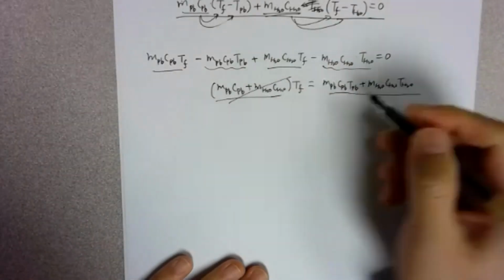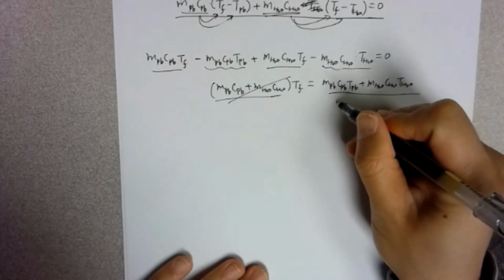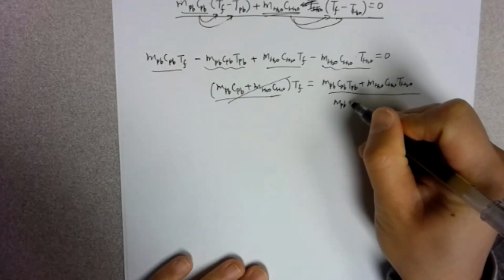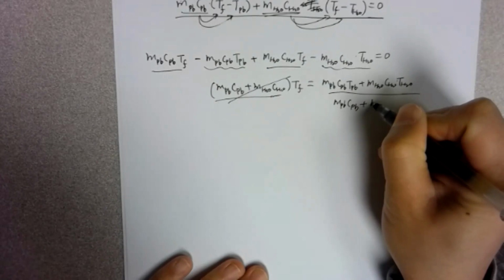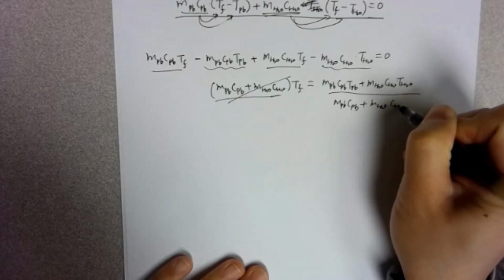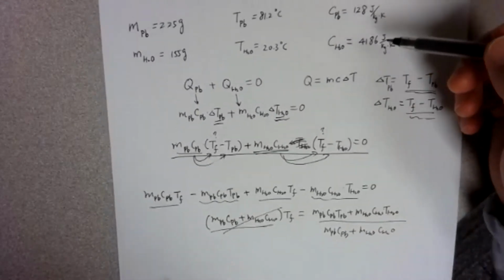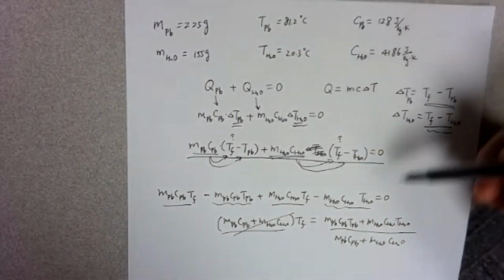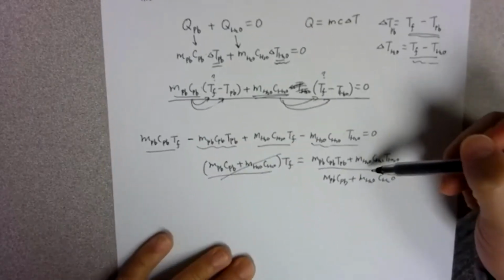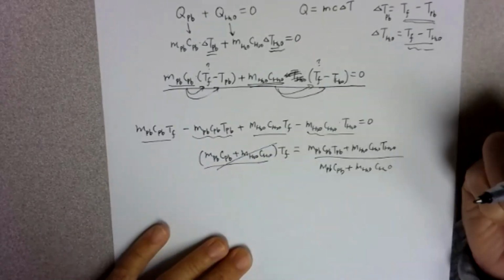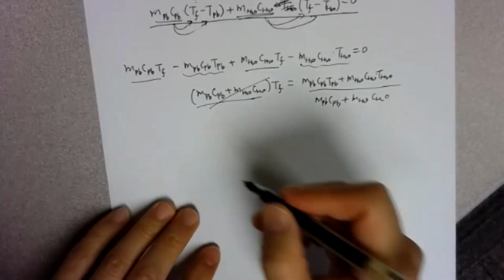So that means this guy goes to the bottom here: MPb, CPb plus MH2O, CH2O. At this point, you just plug in all the numbers you have at the top, and then you have your TF. So let's do that.